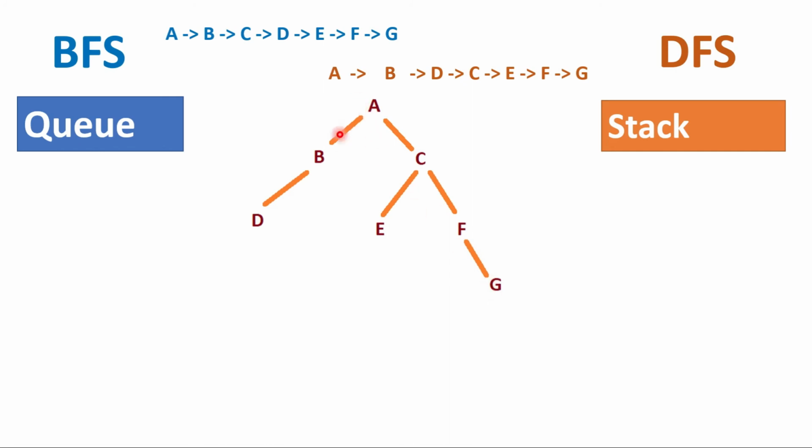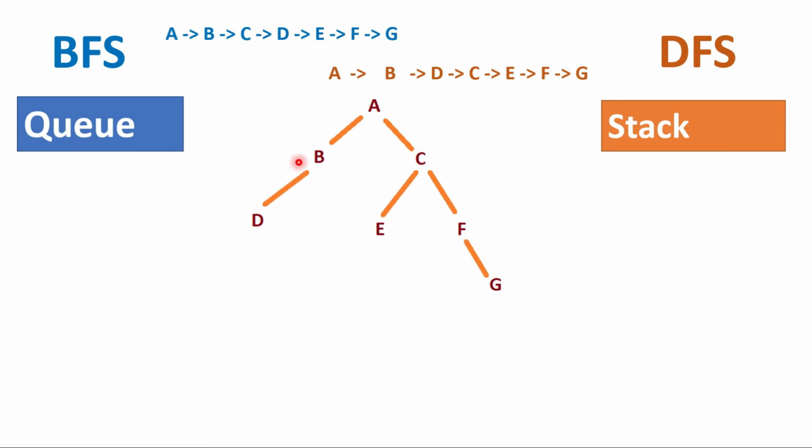So at each and every level, when I am getting their neighbors, the first neighbor I chose, I am going to that neighbor's immediate level. That's why Q will fit there, because first in, first out is happening here. In case of DFS, I am going to one particular neighbor's deepest level, that is A, then B, then D. Then I have to come back again by following that path.